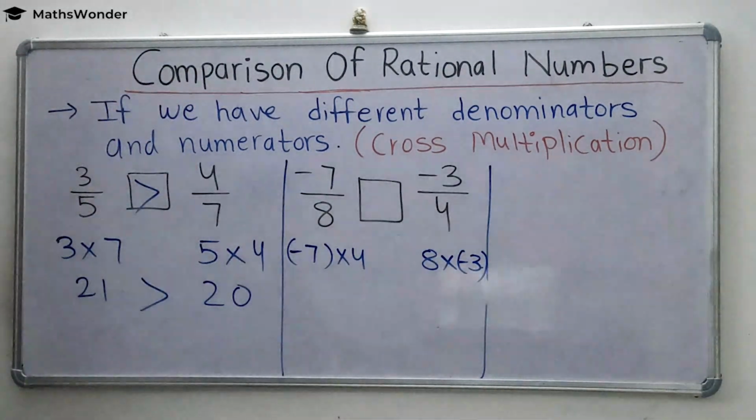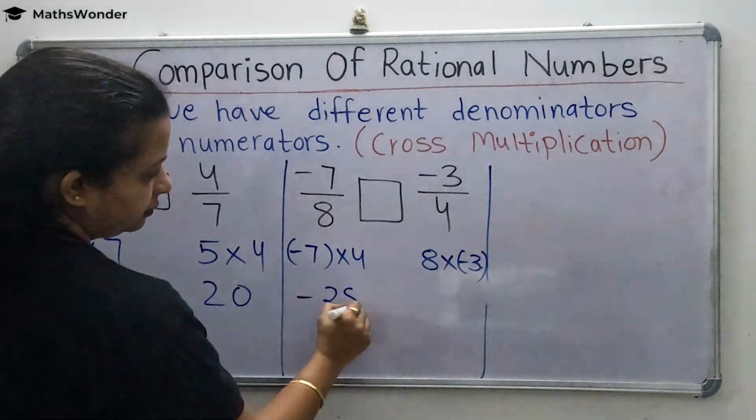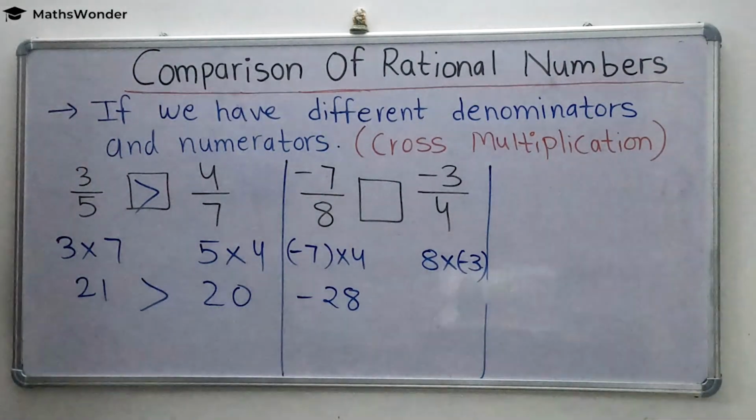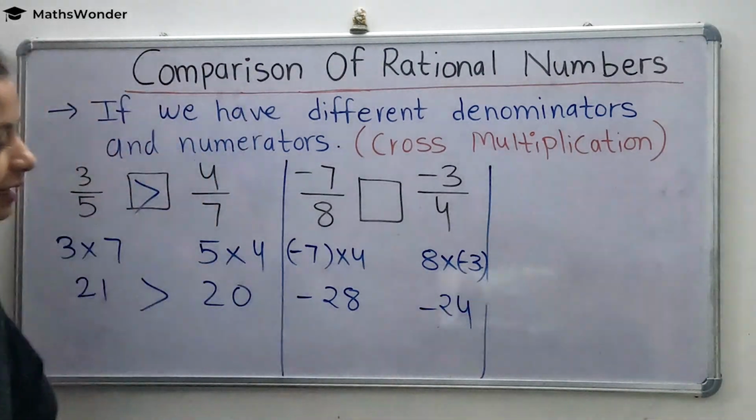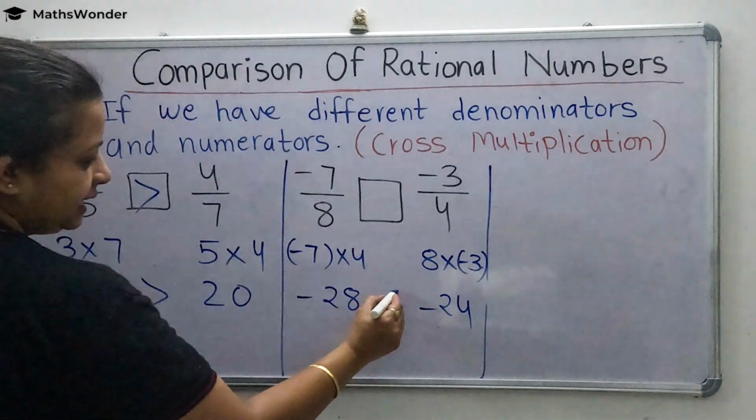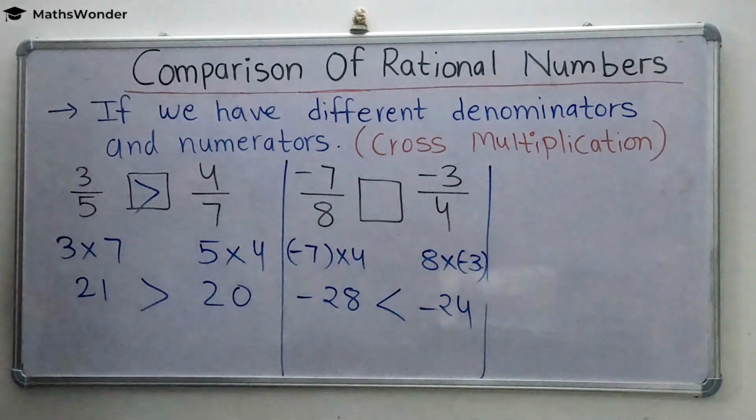Now do the normal multiplication. It's negative 28 on this side, and on that side it's negative 24. Now check which is greater. Definitely negative 24 will be the greater, so this will be the greater one.